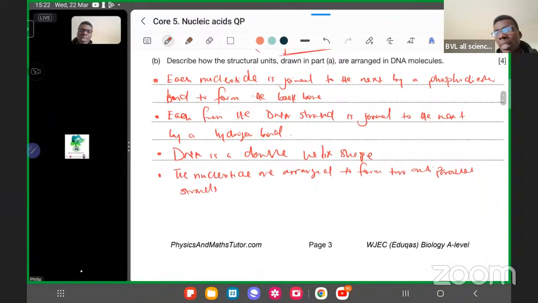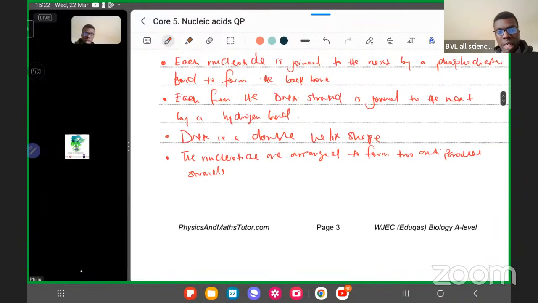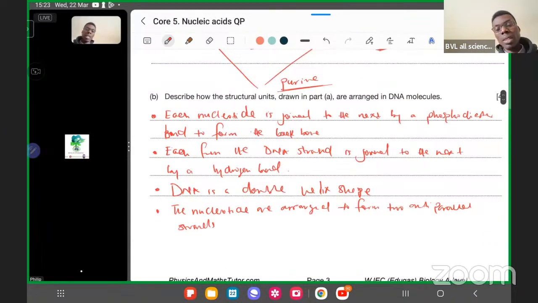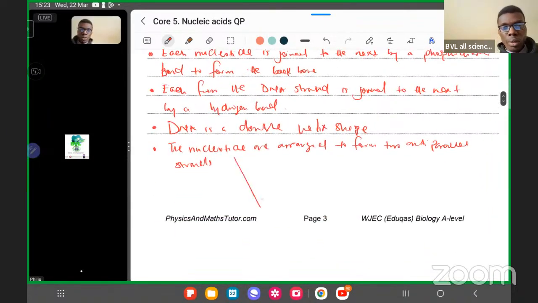Sorry, I'm a bit fast. When it says anti-parallel, it means that one goes from 5' to 3', then the other from 5' here to 3' there. So just anti-parallel like that.